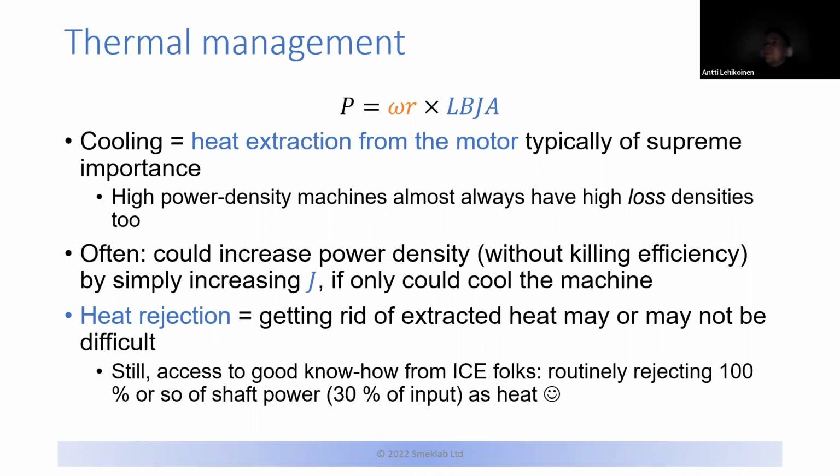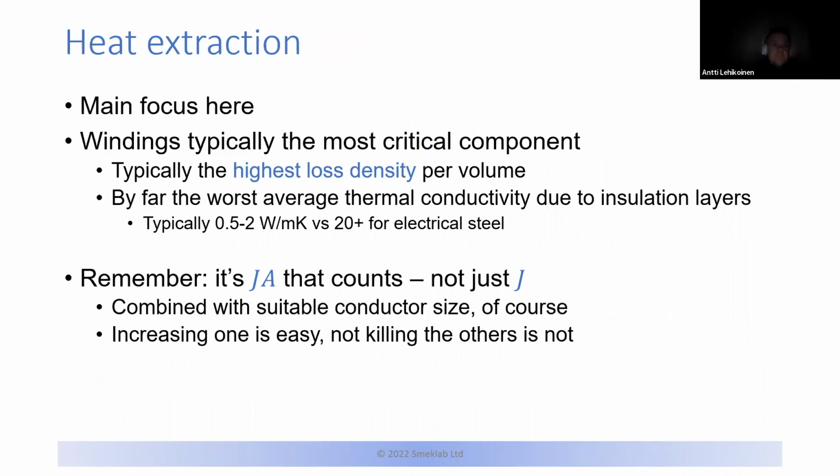Luckily, the combustion engine folks have been building radiators for about 150 years now. So we have lots of collective experience on that front. So we are not starting from scratch. Anyways, our main focus here will be heat extraction.